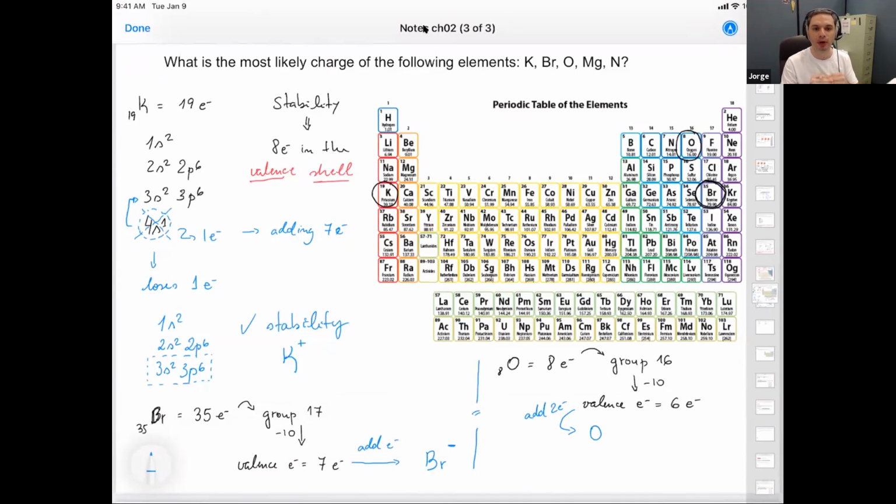Because 2 electrons were added, that means we have an excess of 2 negative charges, and I'm going to represent that by 2 minus right here. Therefore, O2 minus is stable. O2 minus is stable because it has 8 electrons in the valence shell.